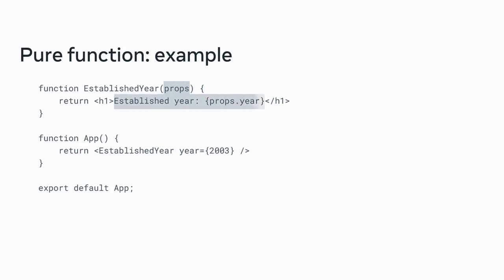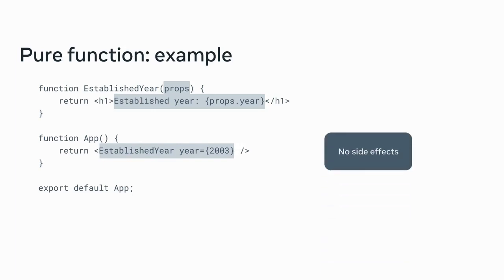It also returns a value, that is, a heading that outputs the words established year, followed by a colon, space, and the value of the year prop. As long as the value of the year prop is 2003, regardless of how many times the established year function is invoked or it is rendered from the app component, the output will remain unchanged. This is an example of a pure function. The established year function has no side effects.